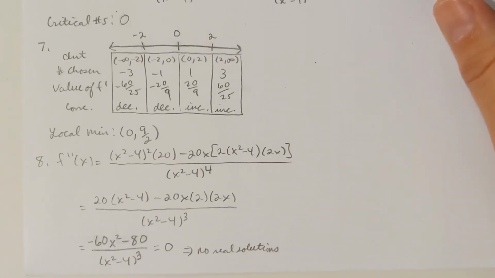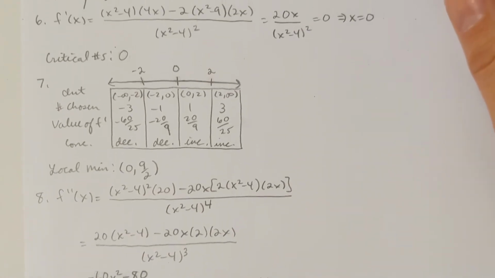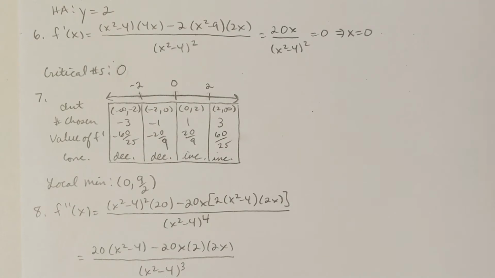Now we're on step 8. Okay, step 8, we need to find f double prime of x. So that's going to be a quotient rule. Of course, make sure that when you're finding f prime, you simplify, because you'll need to find f double prime here. Now inside the quotient rule, I'm going to also need a chain rule when I differentiate the denominator.